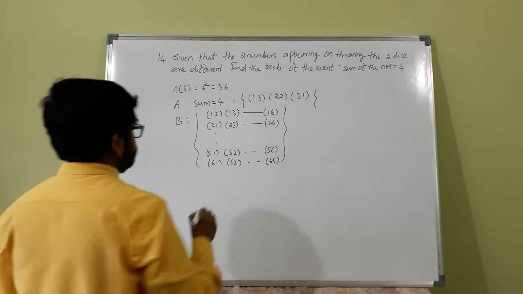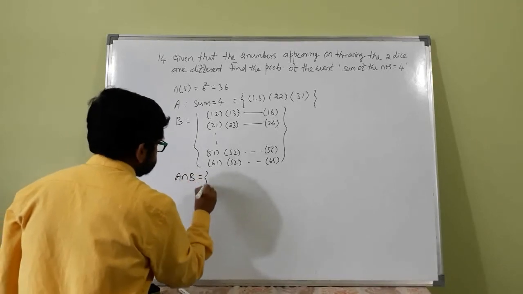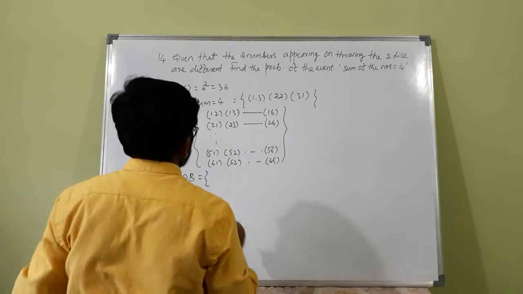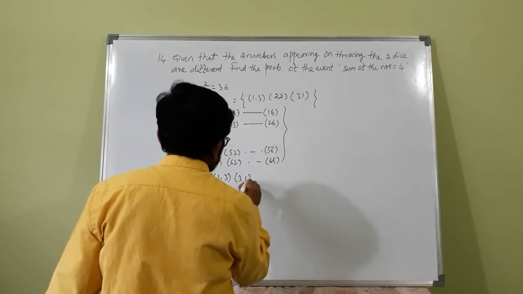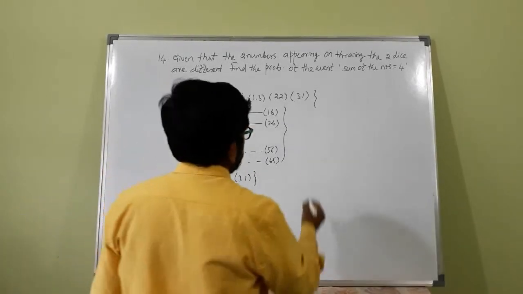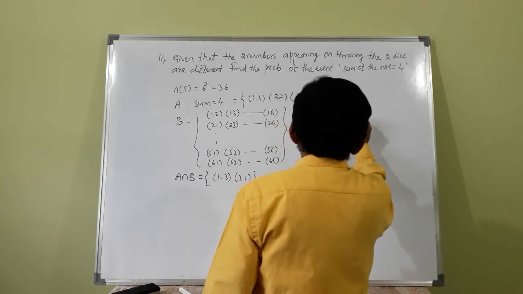A intersection B is 1,3 and 3,1. So probability of A is 3 by 36.